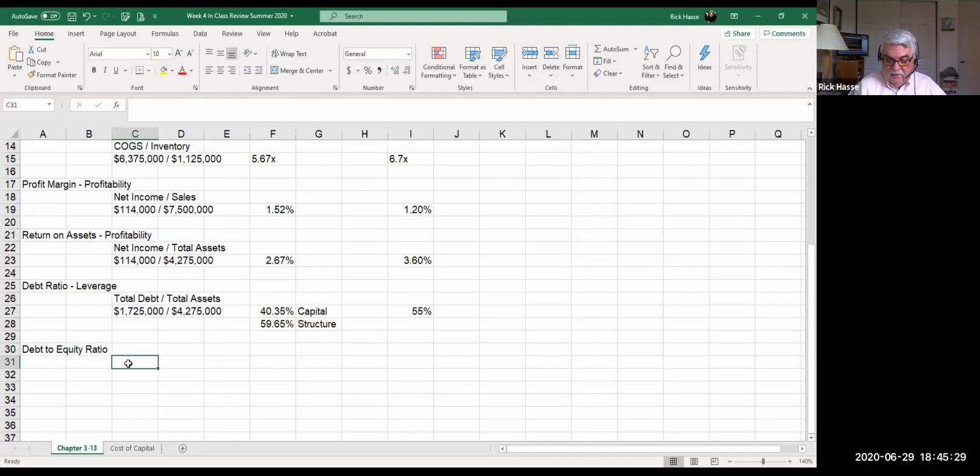So if our debt is 1,725,000 and our equity position has got to be the difference between 4,275,000 and 1,725,000. So let's calculate that over here just briefly.